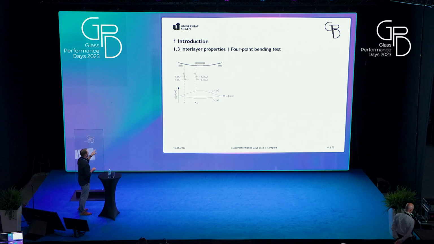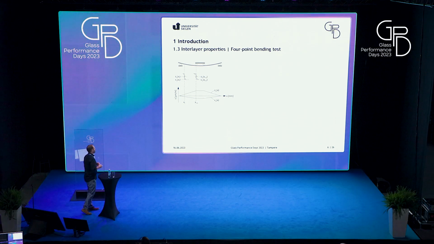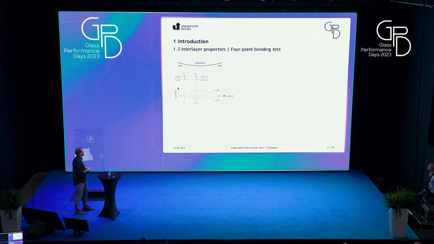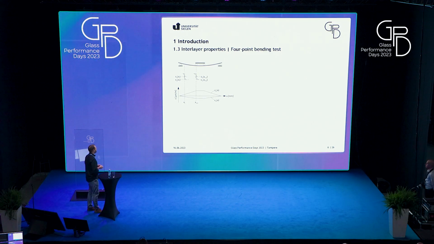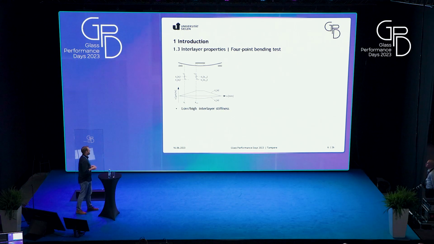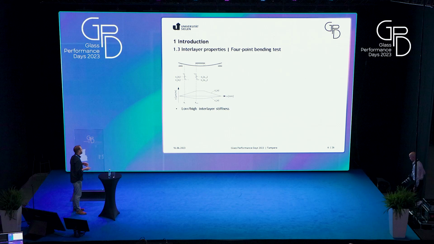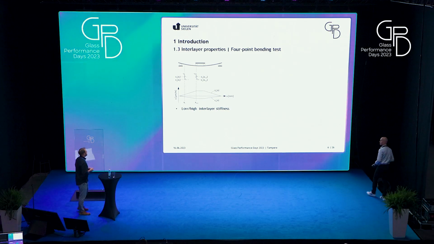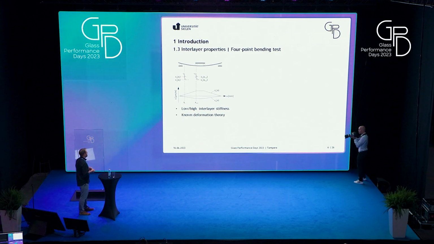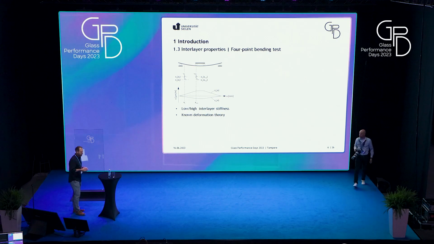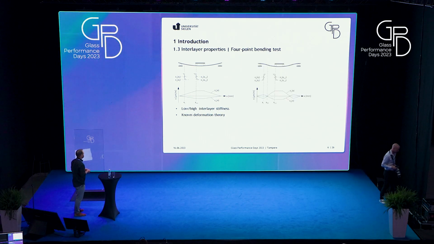The upper values show the tensile strain, and at the bottom it is the compression strain. So this is well known, and low and high interlayer stiffness show these bending lines, and they can be assigned to a well-known deformation theory like the linear laminate theory, for example.